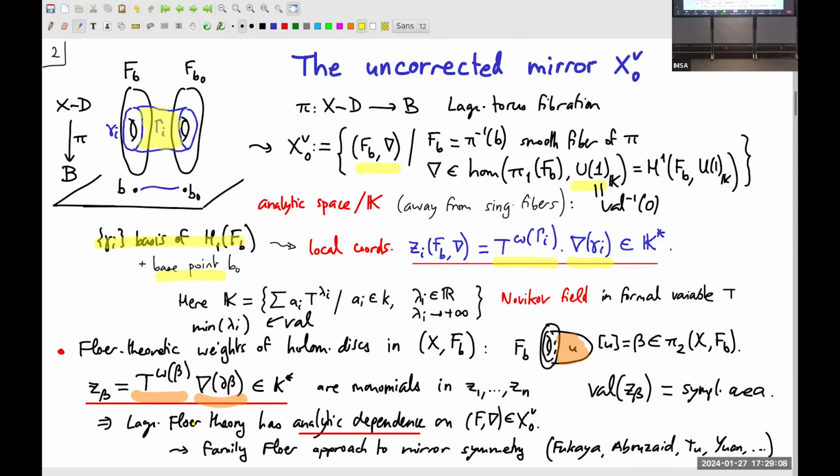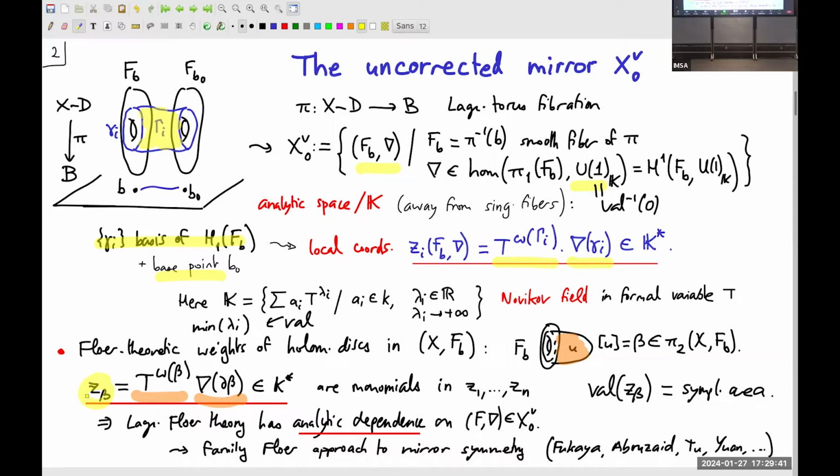So automatically, pretty much, it follows from this that Lagrangian Floer theory wants to depend on F and nabla in a way that is analytic with respect to these coordinates on the mirror. Because basically, as long as your moduli spaces of disks remain the same, for example, if you keep the same fiber but change the local system, or you move it but there's no transitions happening in the moduli spaces of holomorphic disks, then you're counting the same things, but with these coefficients, Z beta varying from point to point.